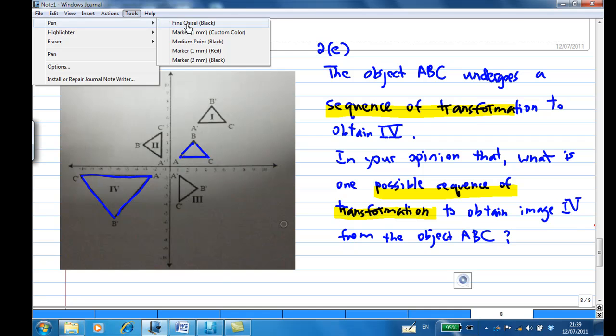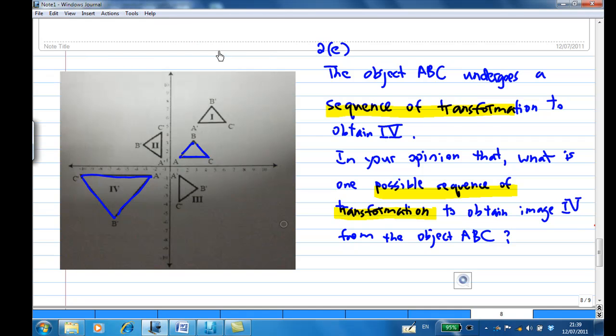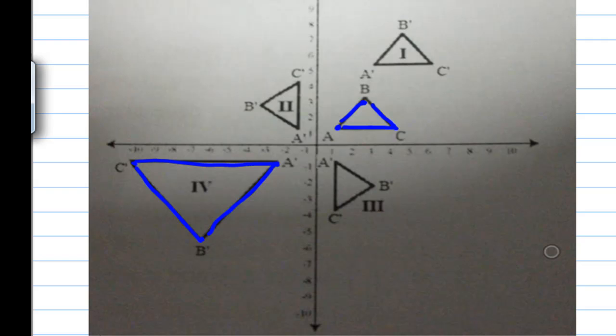That means you have to give a series of transformations that will produce image 4 from ABC. Here is one of my suggestions. There could be others. First, you make a reflection of ABC in the x-axis. So you get this image coming out somewhere here. Let's say A prime, C prime, B prime.